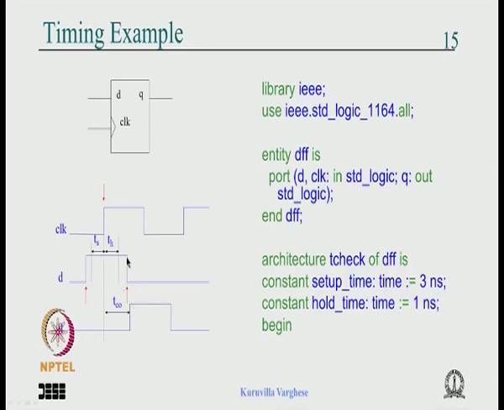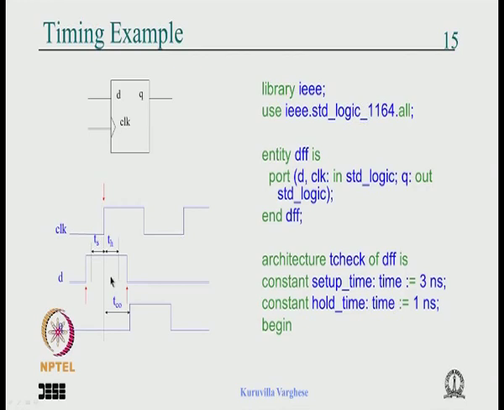Similarly, whenever there is a data change, of course we will update that time as the last event on the clock, and we will check that this time minus the previous event on the clock time is greater than the hold time.